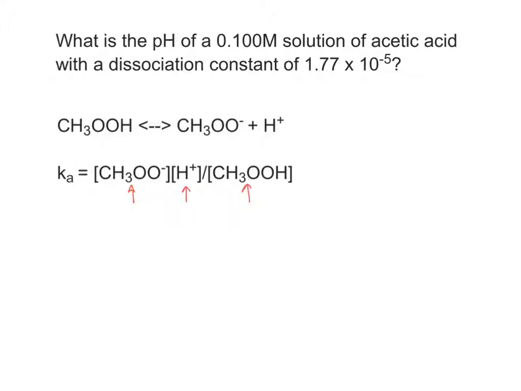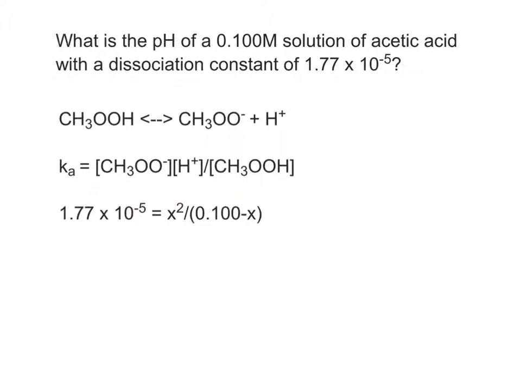There are no coefficients here, so no exponents, which means that the dissociation constant, which we were given, 1.77 times 10 to the negative fifth, is equal to x squared, remember we said it was x and x, divided by the concentration of the acetic acid minus whatever the concentration of the dissociated ions would be.